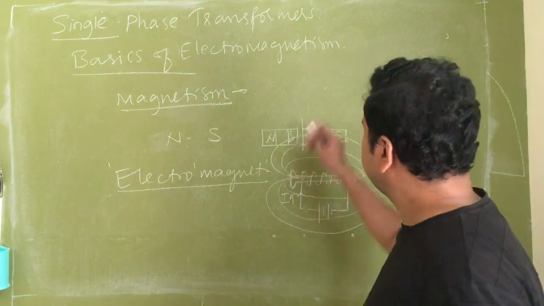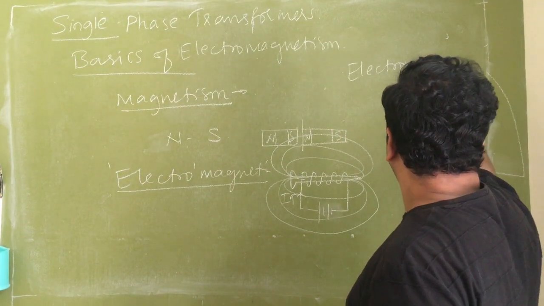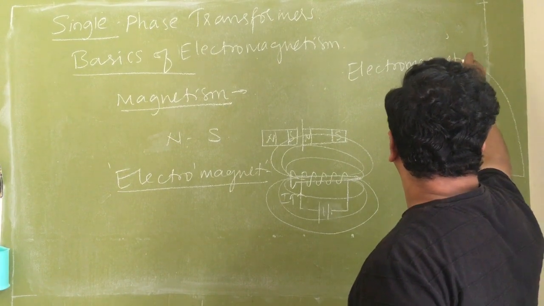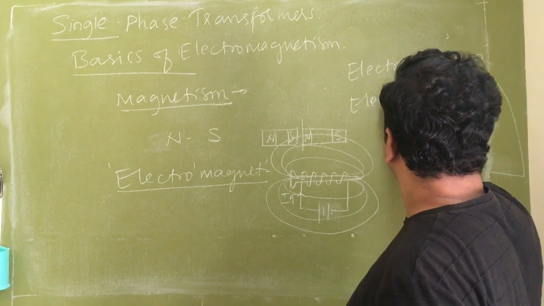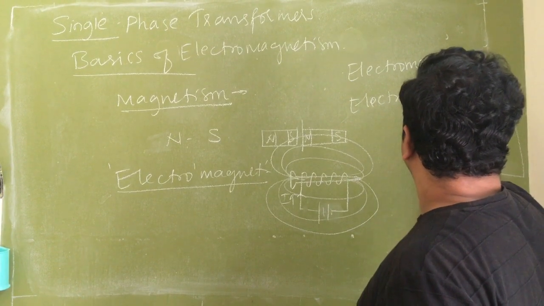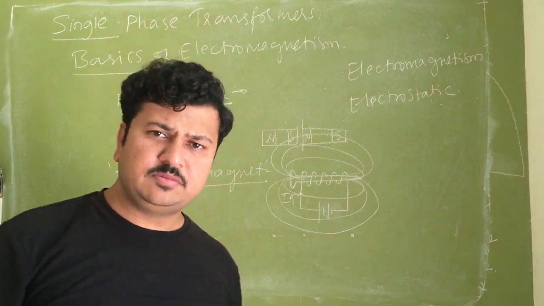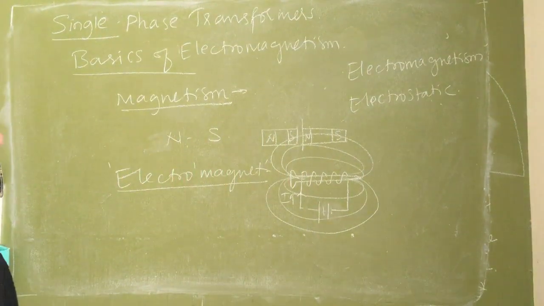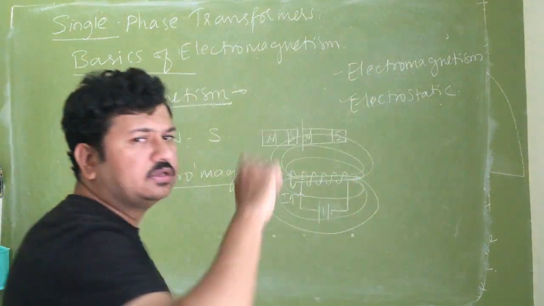Now there are two concepts: electromagnetism and electrostatics. Because an electromagnetic system will store energy, and an electrostatic system will also store energy. Then why don't I have electrostatic systems? All I have are electromagnetic systems.